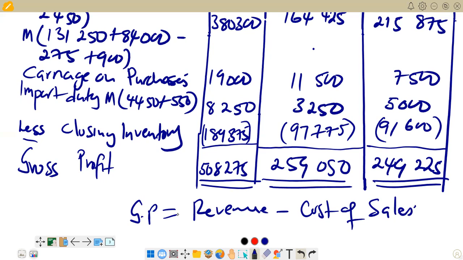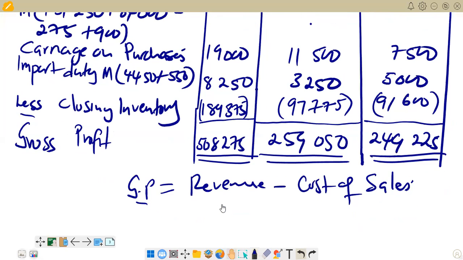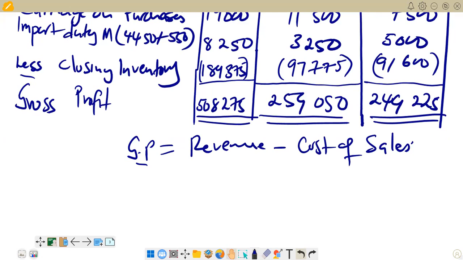So when we get a positive figure there, it means it's a gross profit. Like what we've done there for vegetables department and meat department, we got a positive figure. So they are indicating a gross profit. But when now the revenue is less than the cost of sales, we are going to get a negative figure, and it will be not gross profit but gross loss. So basically, when we have revenue being greater than the cost of sales, we have what we call the gross profit.